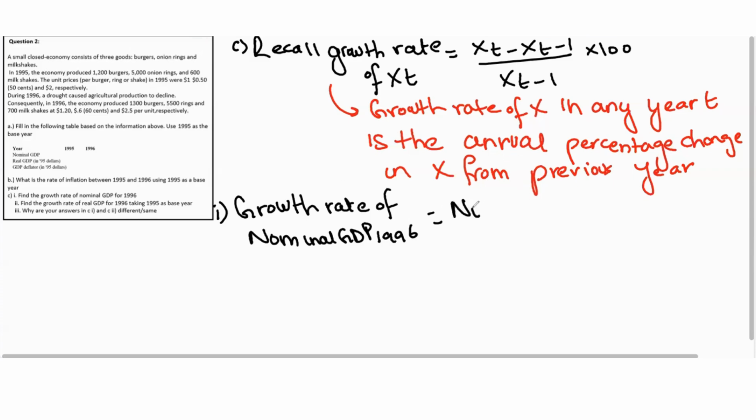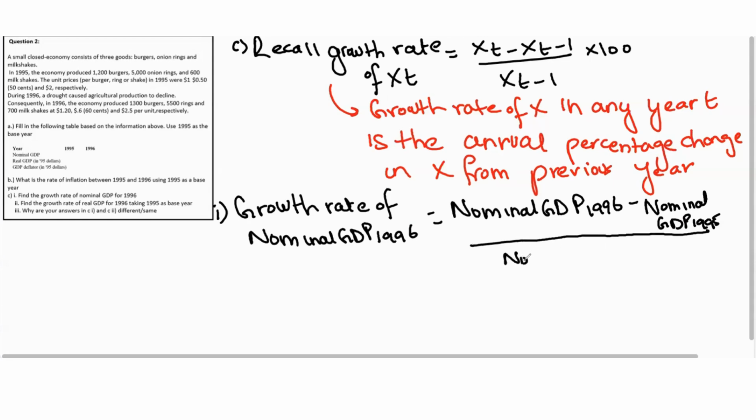So it's going to be nominal GDP in 1996 minus nominal GDP 1995, and then we divide this entire thing by nominal GDP 1995 and multiply it by 100.